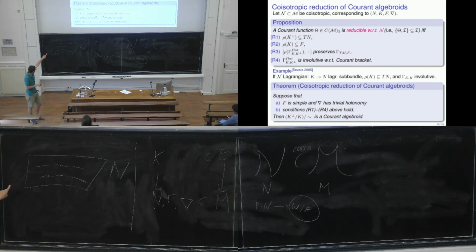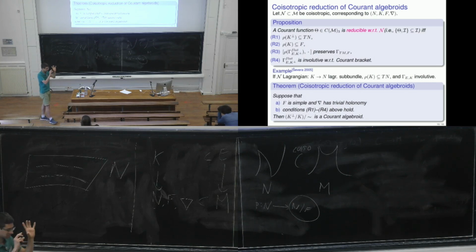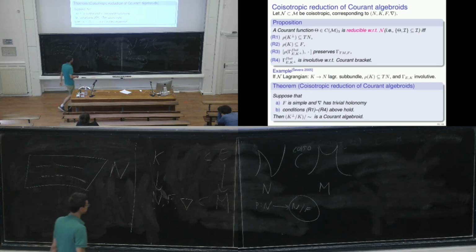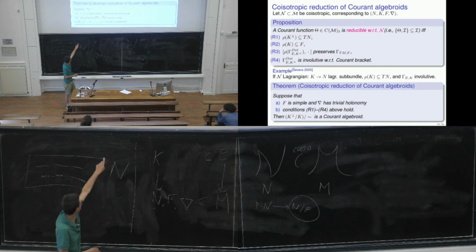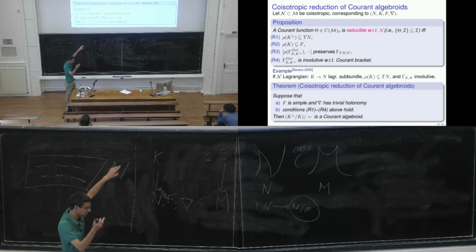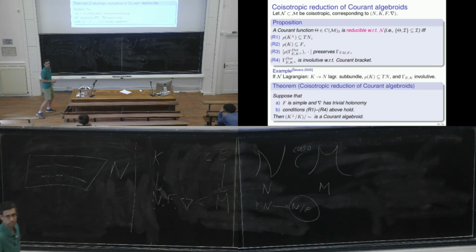If the regularity conditions in A are satisfied and the conditions in B, which guarantee that this Courant function descends, then you get as a quotient a degree 2 symplectic manifold with Courant function, and we know that corresponds to a Courant algebroid. So of course, as a vector bundle it is just the old thing, K perp divided by K, and then divided by this foliation given by the flat connection.